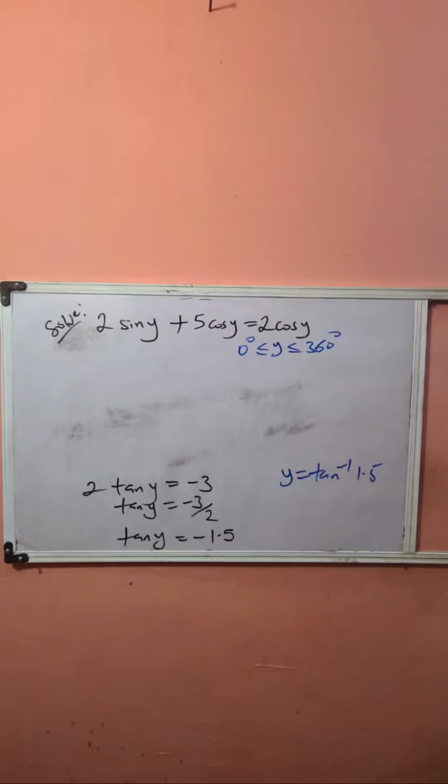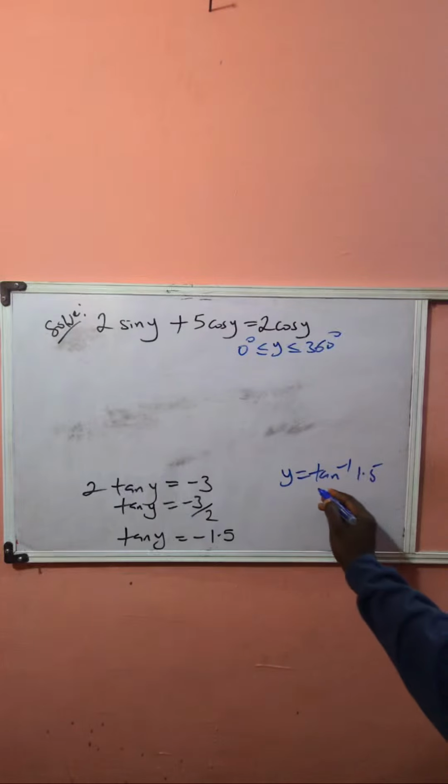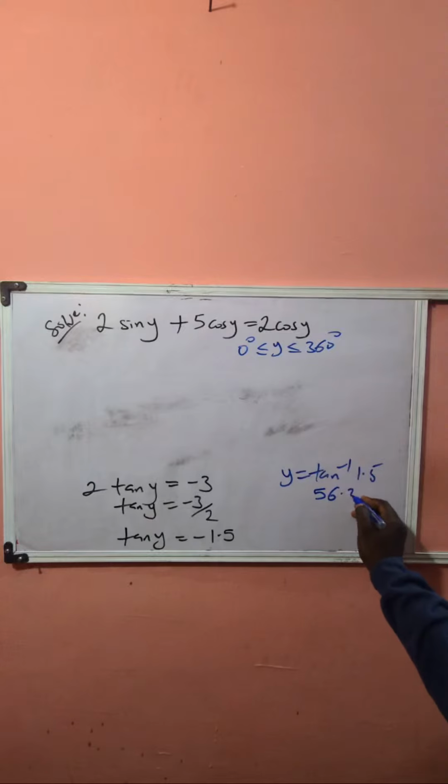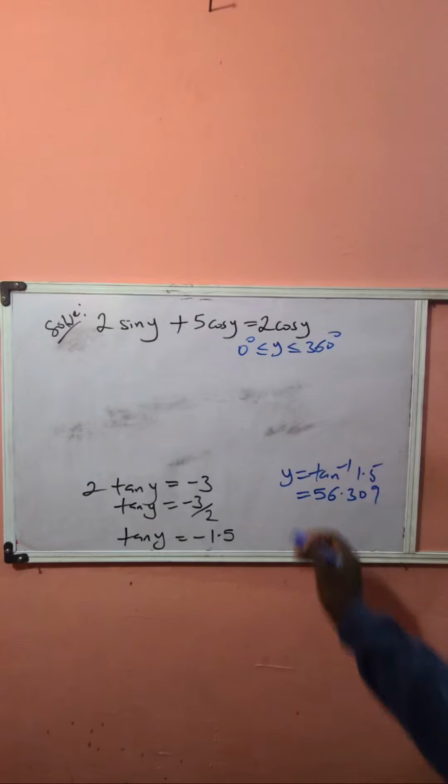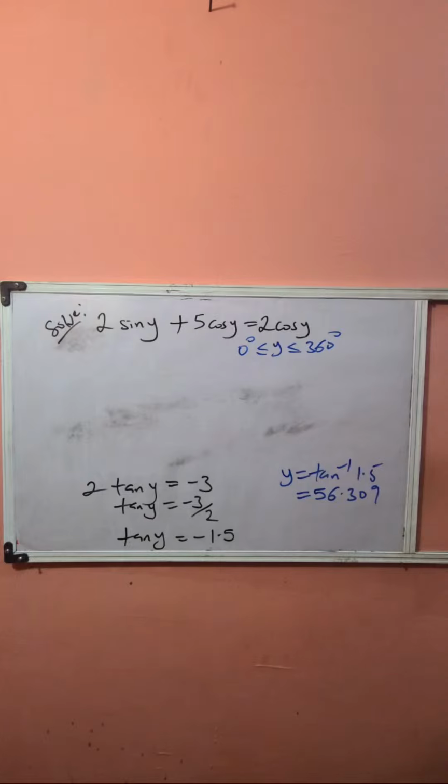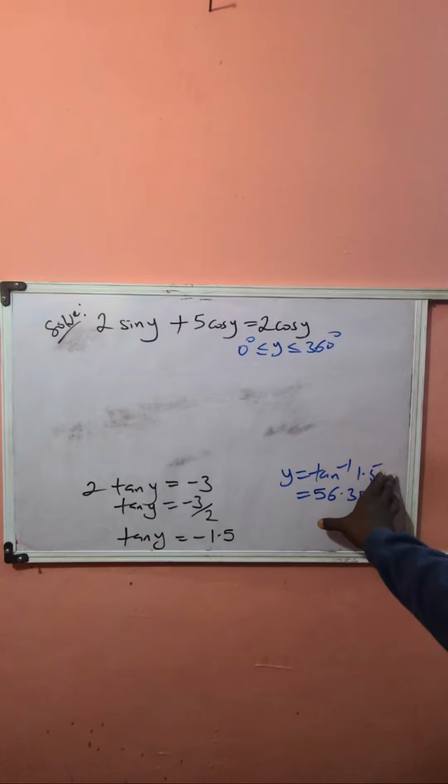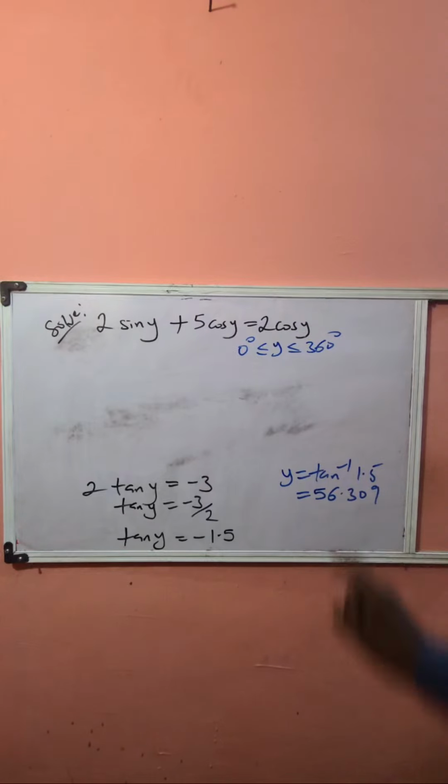Arctan of 1.5 is 56.309. This is important, but this is not our final answer. This is what we're going to use to get our final answer.